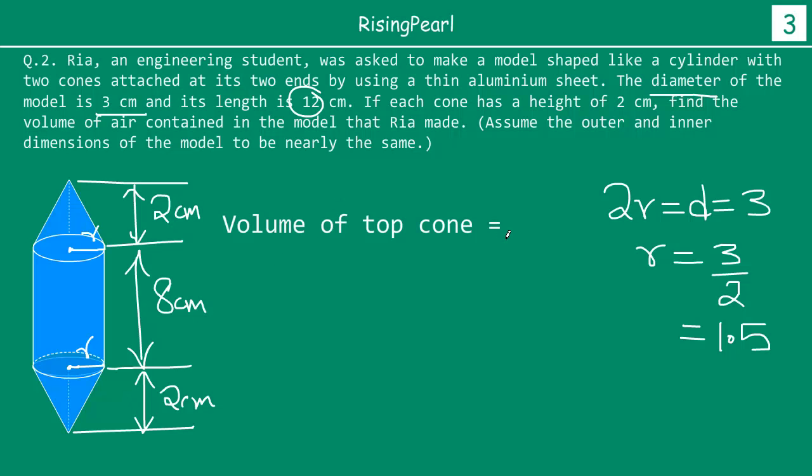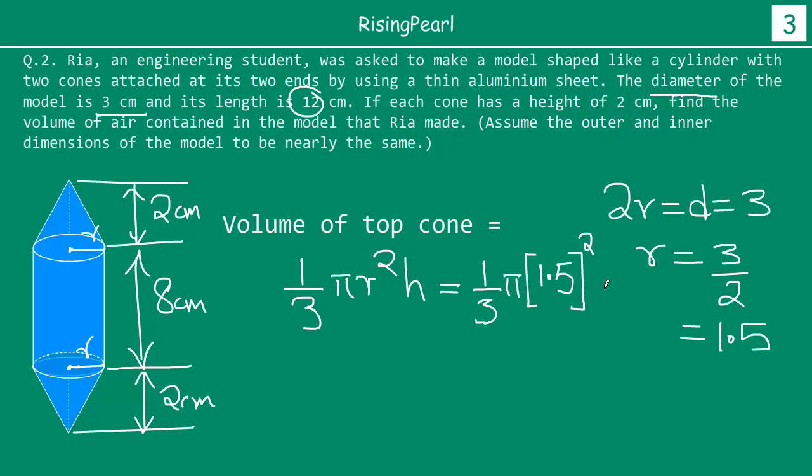So the volume of the top cone: we know the formula for finding volume is 1/3 pi r square h. So it will be 1/3 times pi times r square. R is 1.5, so 1.5 square times h, the height of the cone.